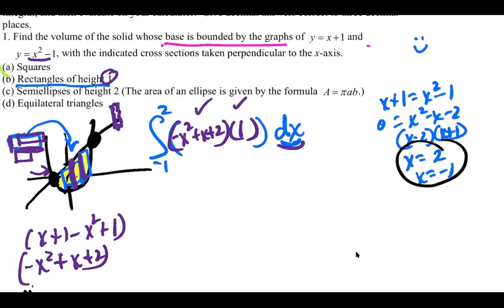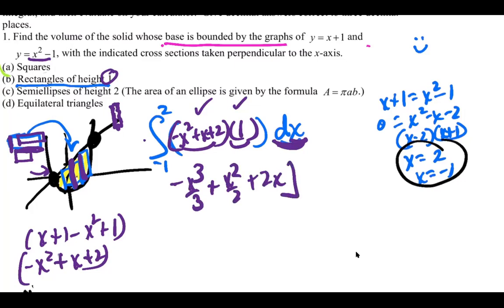But if it was 7, I would factor it out and then do my integral. So this can be easier because I don't have to square it. This is base times height times width. That's why it's volume. Negative x cubed over 3 plus x squared over 2 plus 2x from -1 to 2.